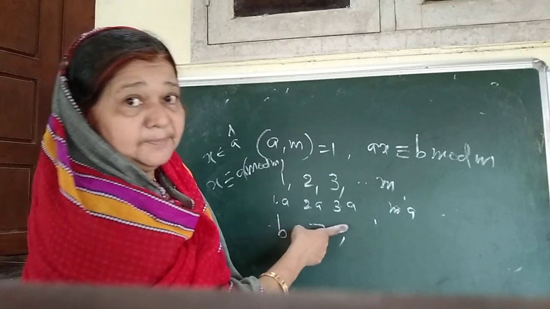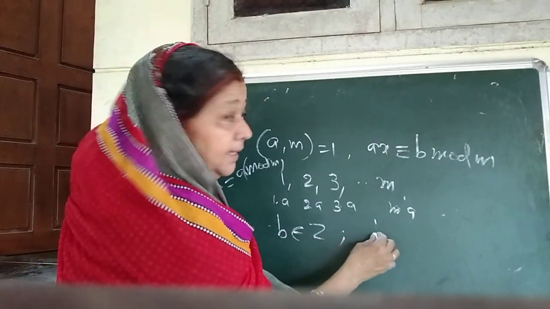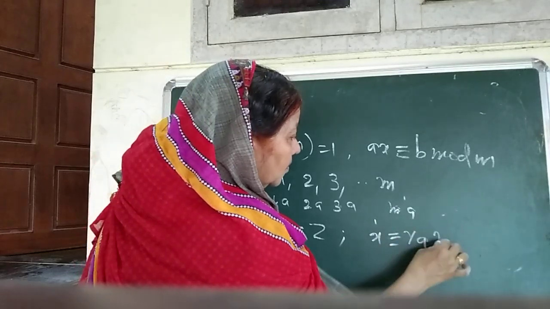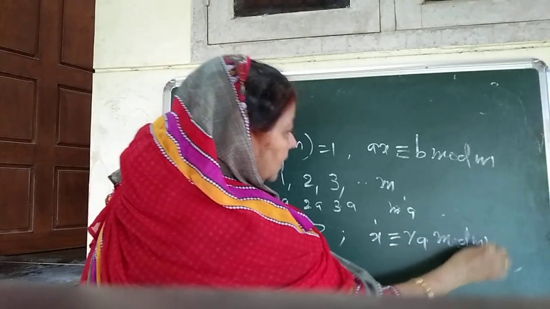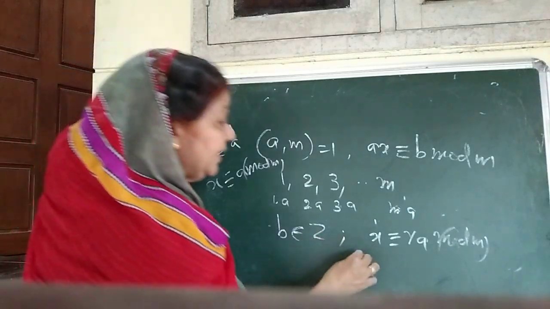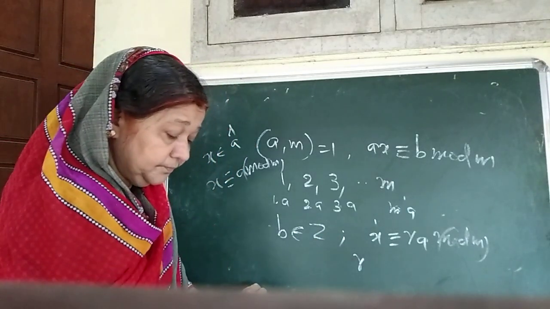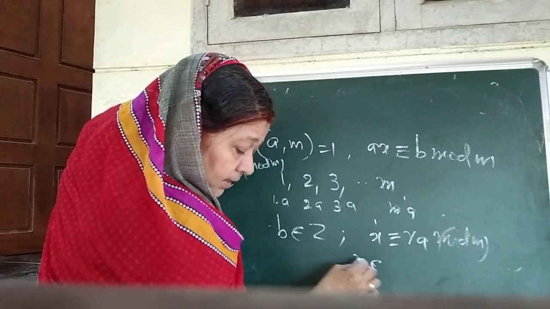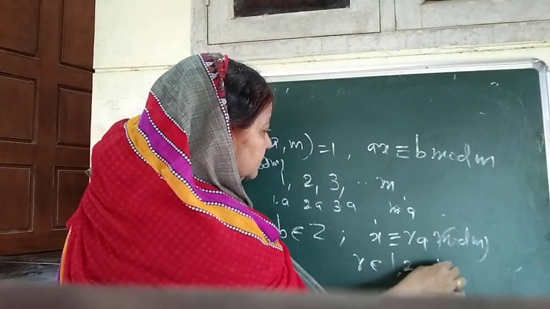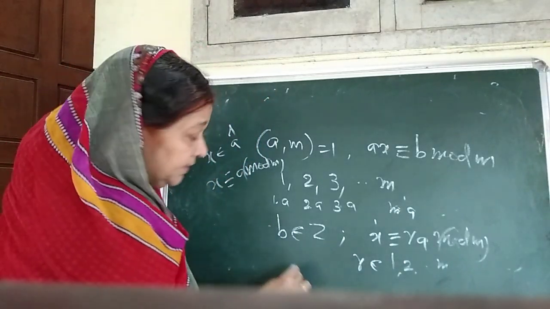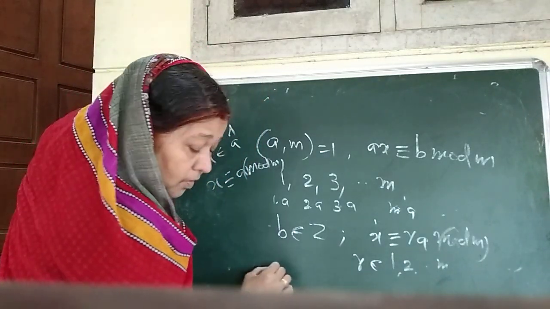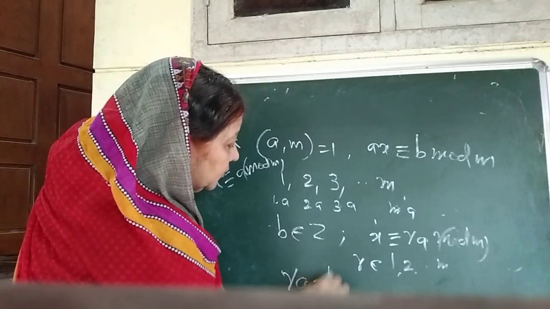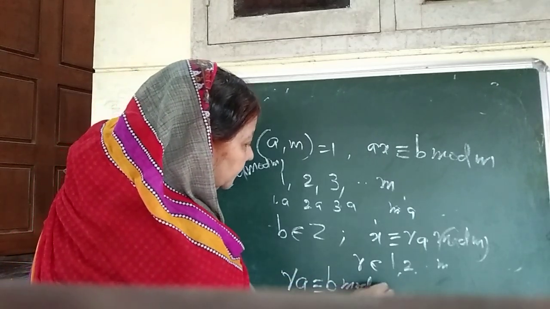Therefore, if x belongs to this ra-cap, then x is congruent to ra mod m. Therefore we have r, an element of 1, 2, etc. to m, such that b is an element of ra-cap, or ra is congruent to b mod m.